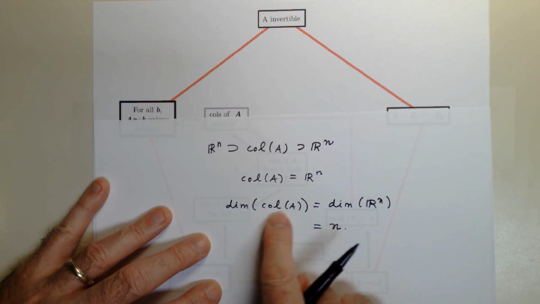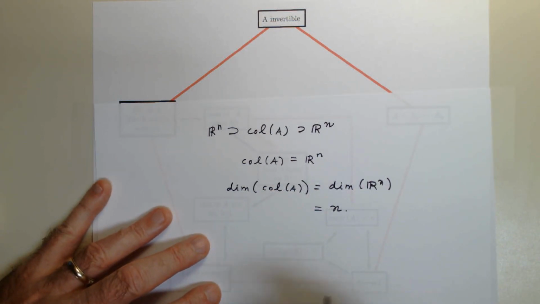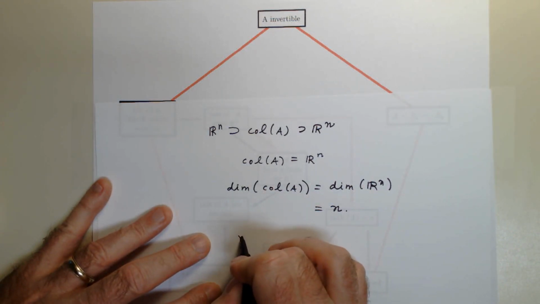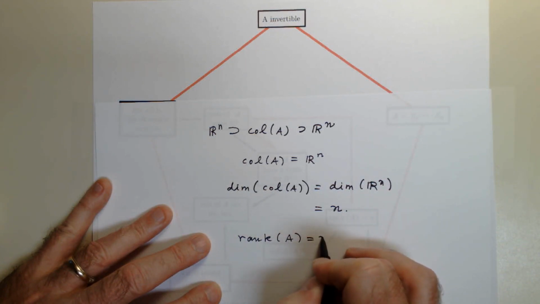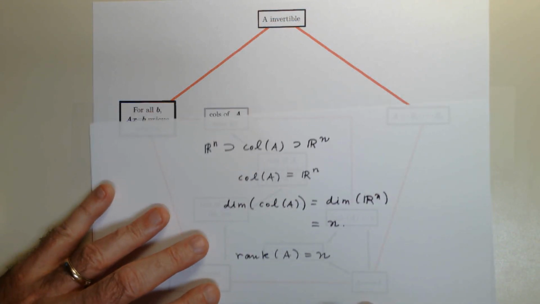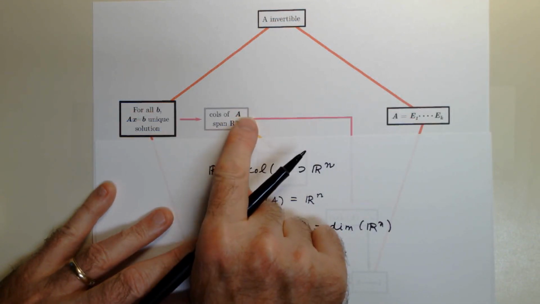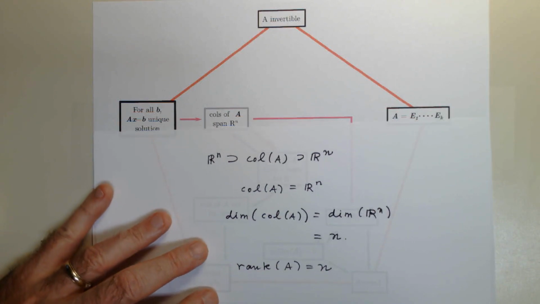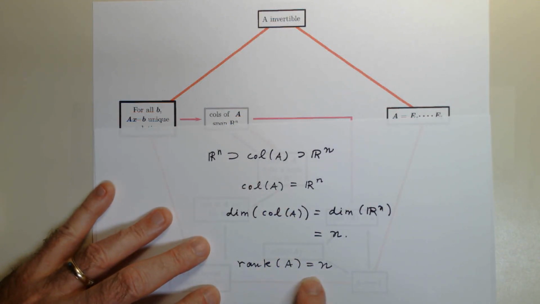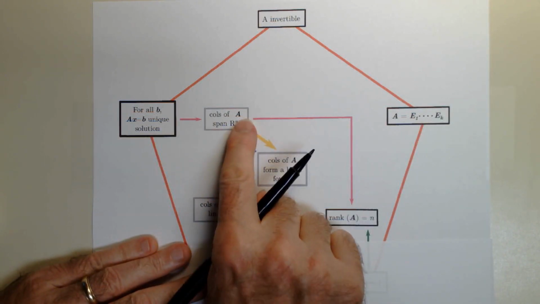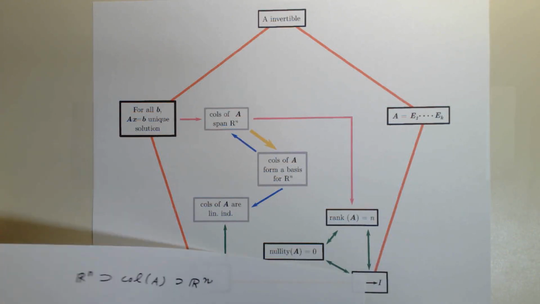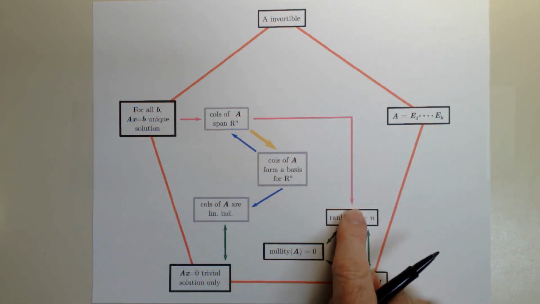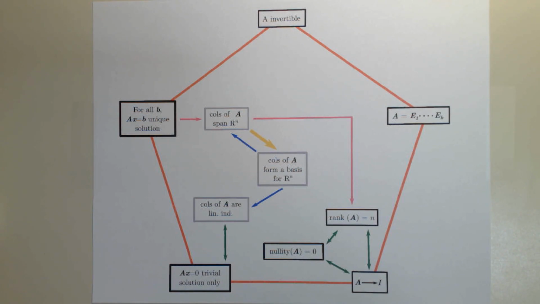But another name for the dimension of the column space of A is the rank of A. So we're able to conclude that the rank of the matrix A is equal to n. In other words, knowing that the columns of A span Rn allows us to conclude that the rank of the matrix A must be equal to n. And that's exactly what this longer pink arrow is asserting. So that's how we show the longer pink implication arrow here.